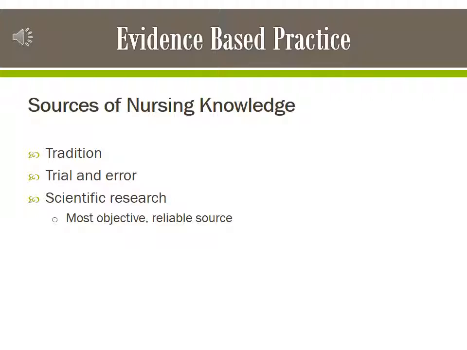Scientific research, which is considered by most to be the most objective and reliable source of nursing knowledge. The best information is the evidence that comes from well-designed, systematically conducted research studies, mostly found in scientific journals. Unfortunately, much of that evidence never reaches the bedside.